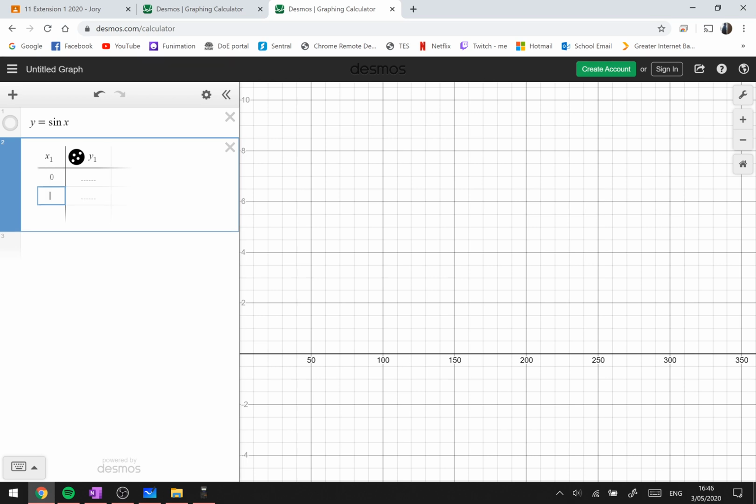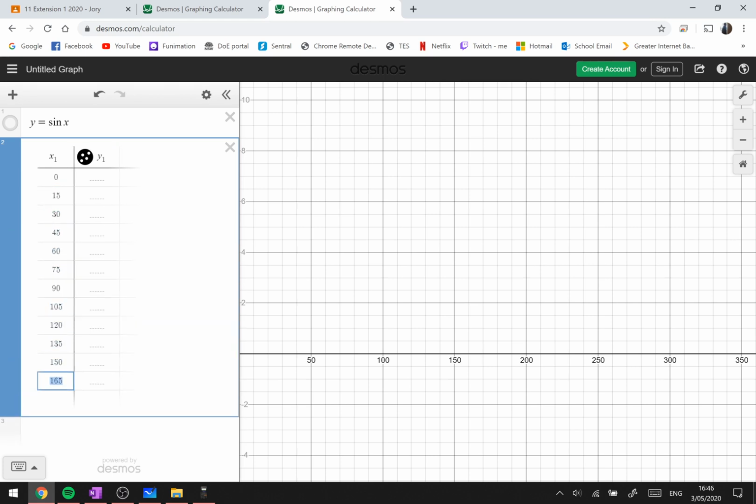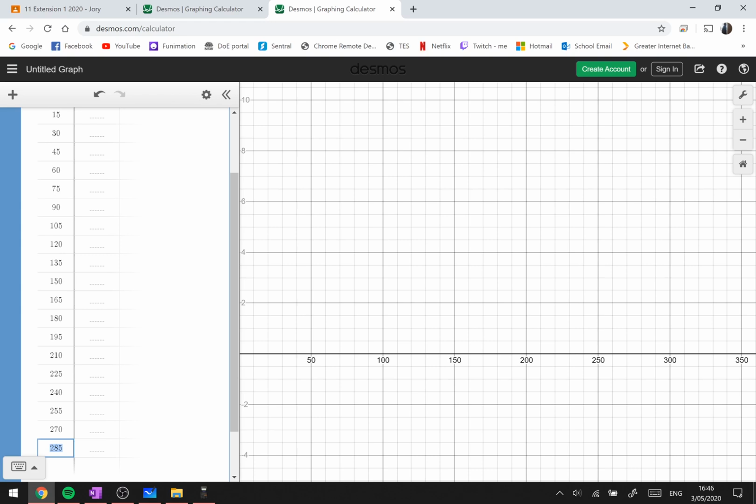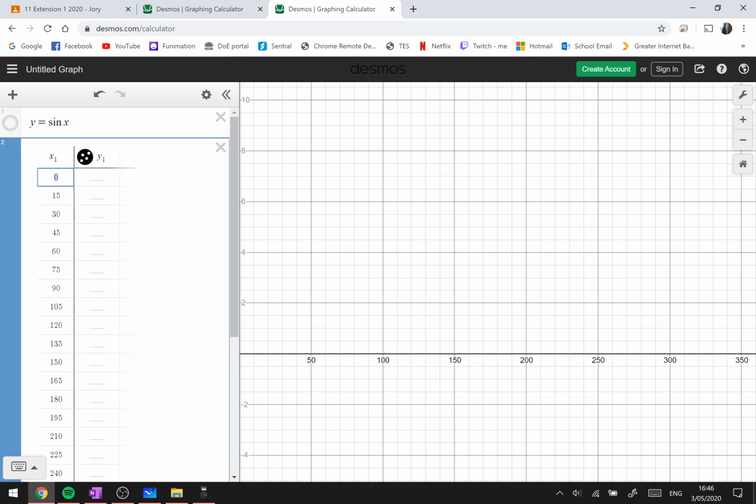So let's start by putting in our values. Look at that, it's already auto-filling it for me. This is why Desmos is much superior. And when we do that, we're then going to substitute those values for theta in this case, from our calculator into our table of values.